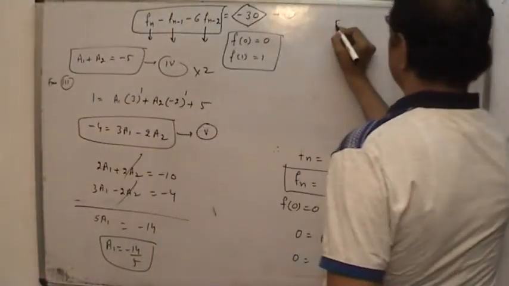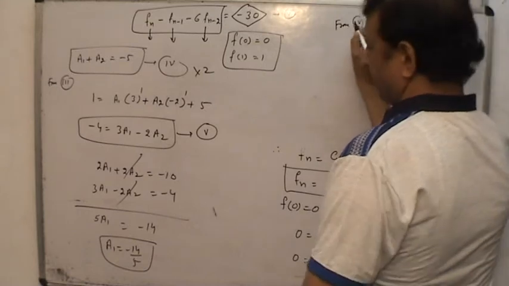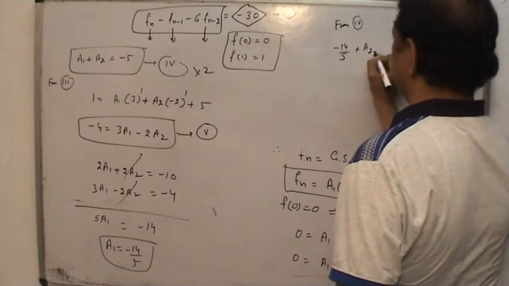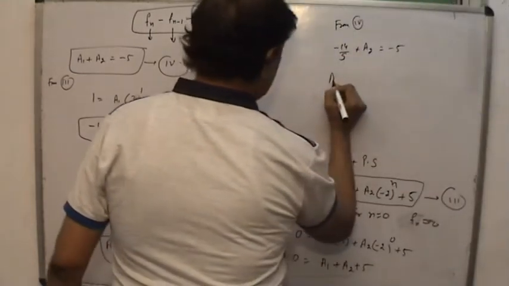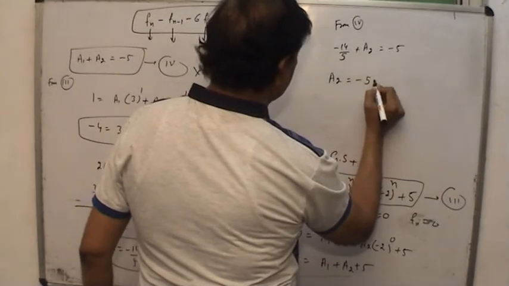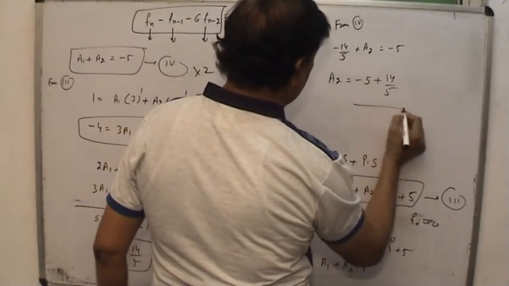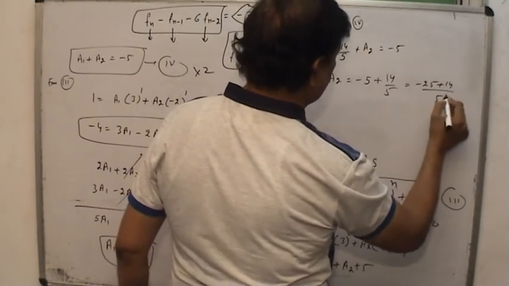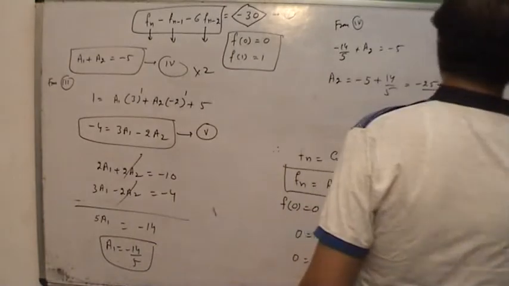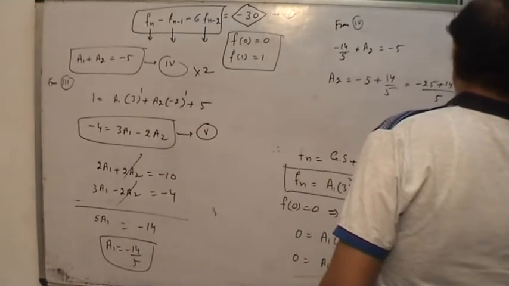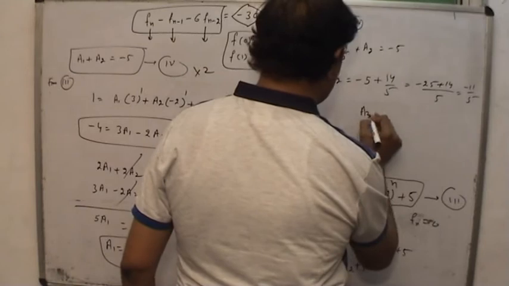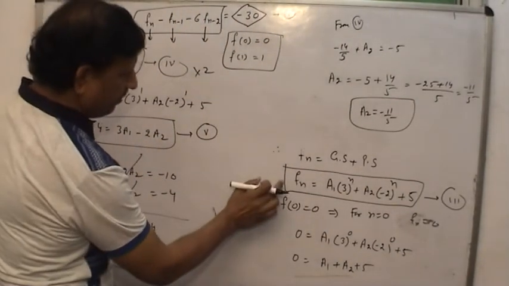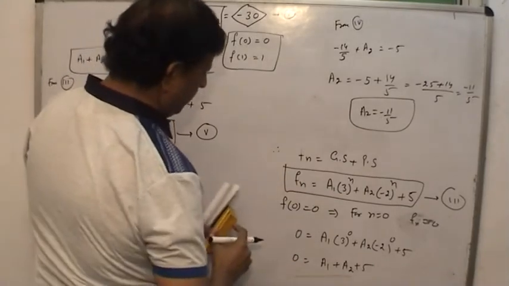From 4 we get A1, it is minus 14 by 5, plus A2 is equal to minus 5. Then A2 is equal to minus 5 plus 14 upon 5, that is minus 25 plus 14 divided by 5, minus 11 upon 5. A2 is equal to minus 11 upon 5. Put both values in the final solution, that is number 3.